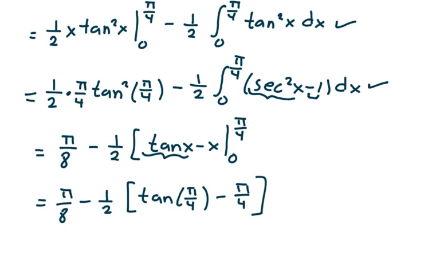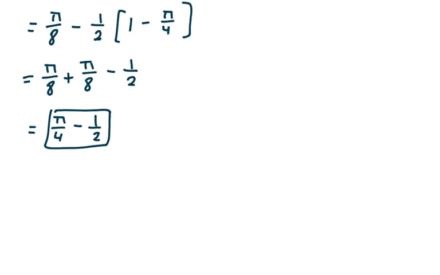So again, we get pi over 8 minus 1/2 the quantity tangent x minus x, evaluated from 0 to pi over 4. So this is pi over 8 minus 1/2 of 1 minus pi over 4. So again, tangent of pi over 4 is 1. That's where I'm getting that. And that's basically what I wrote there, right?